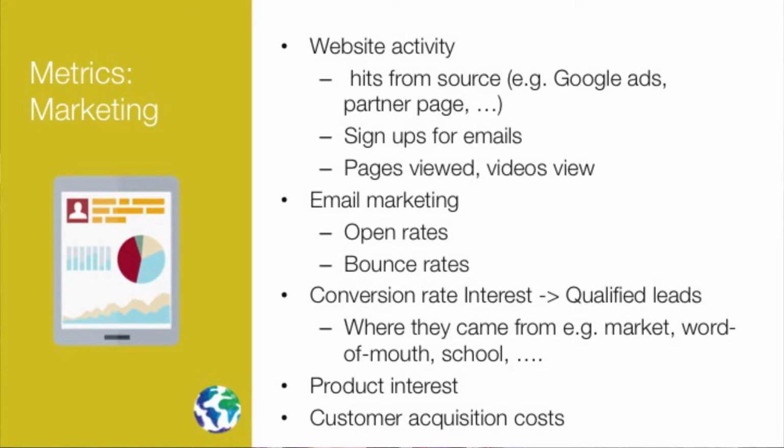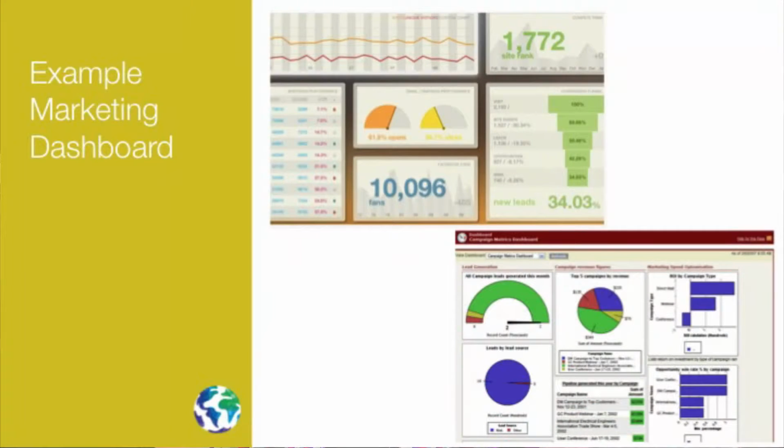So understanding your conversion rate and what the sources of the high quality leads are is an important thing to know. And then you should be able to understand what your customer acquisition costs are. Here's an example dashboard of some marketing metrics, and these are the ones that were important to the organizations that I pulled from. But you should have a marketing dashboard.